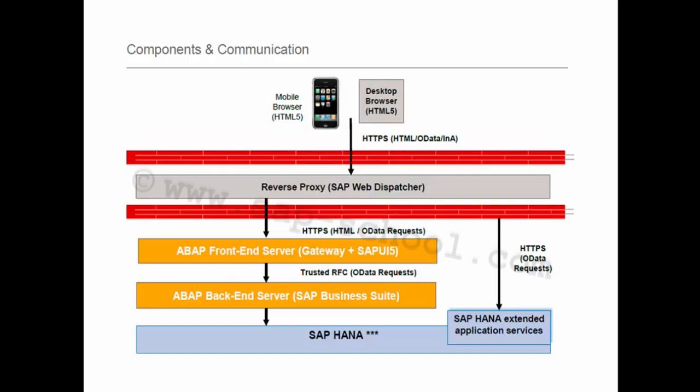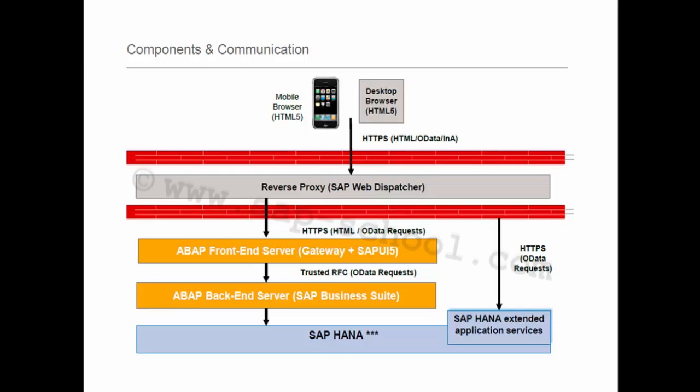So the client will communicate directly with the ABAP front-end server by issuing HTML and OData requests through an established HTTPS connection. So basically my client will send the request to my reverse proxy or the SAP Web Dispatcher using HTTPS, and it will be using HTML, OData or INA for the communication.